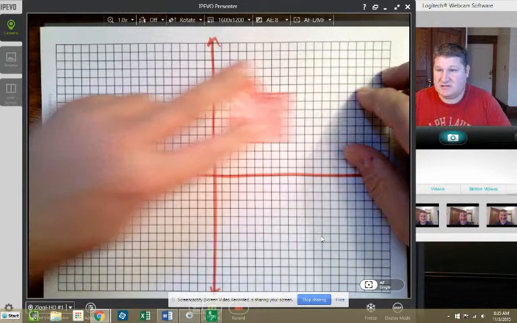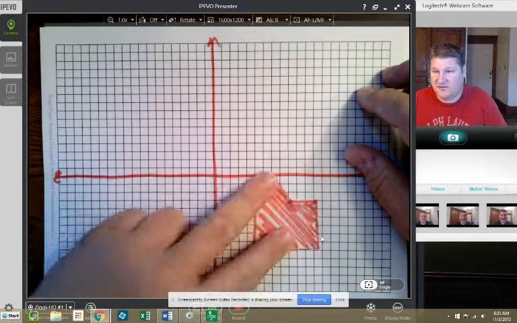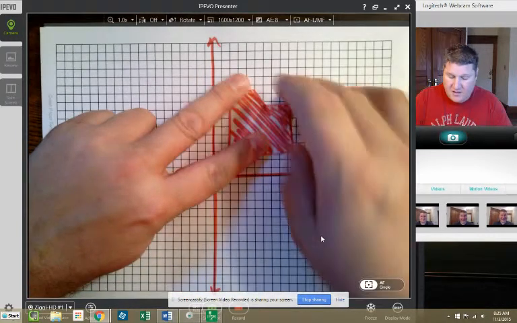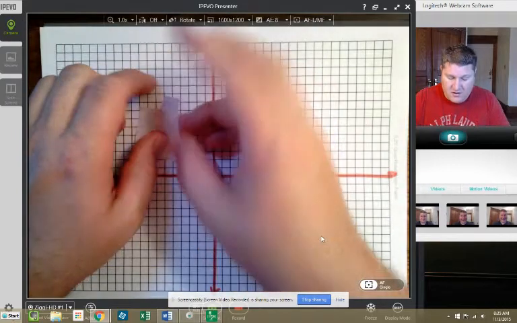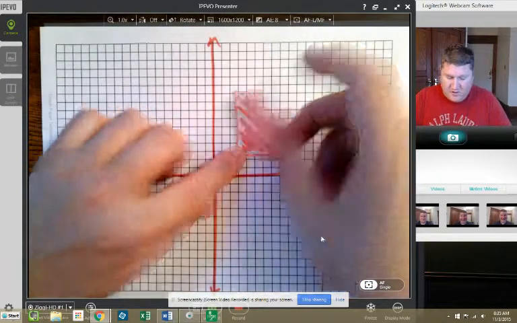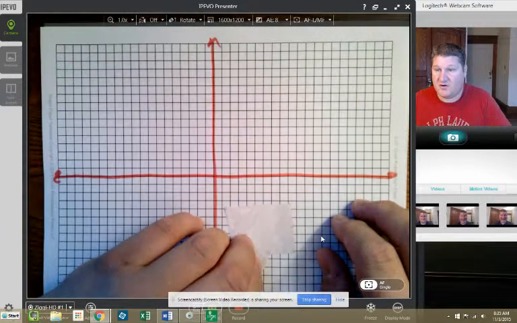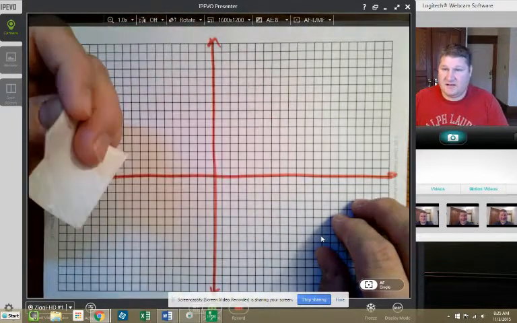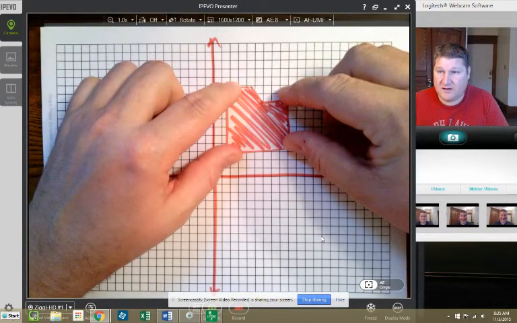The notch is still in the same direction. I can put it anywhere. That's going to be a translation versus a reflection where I flip it over, or a reflection where I flip it over this way. The key is you're flipping it. That's the deal.